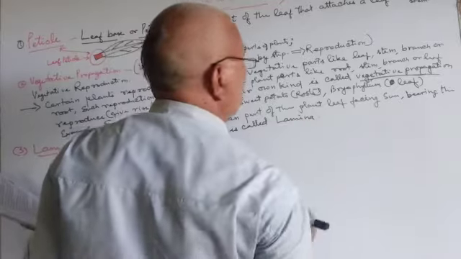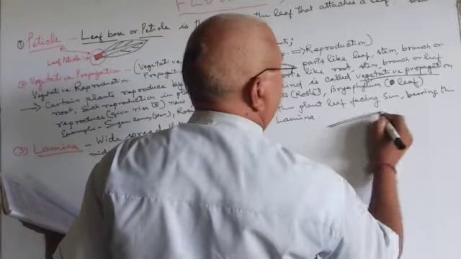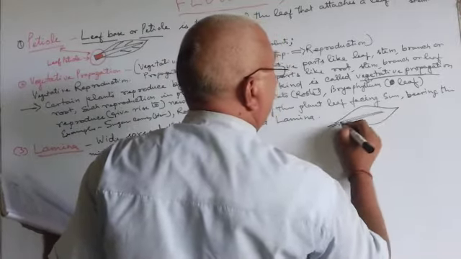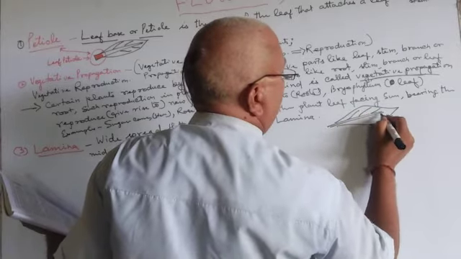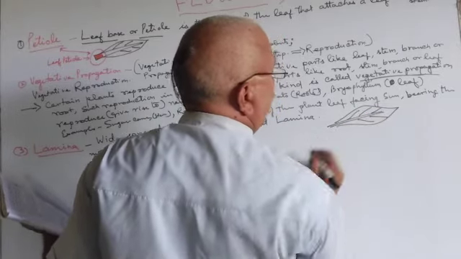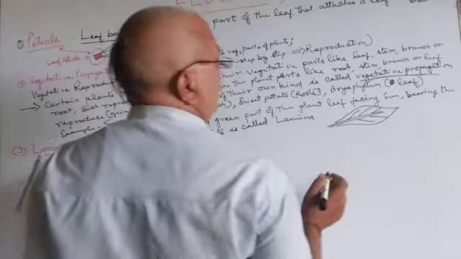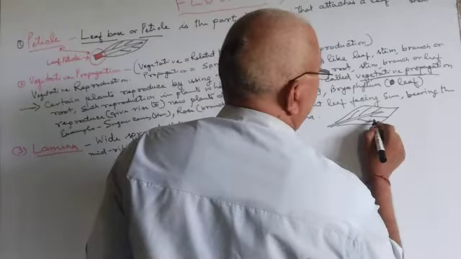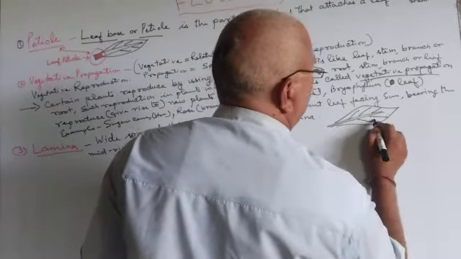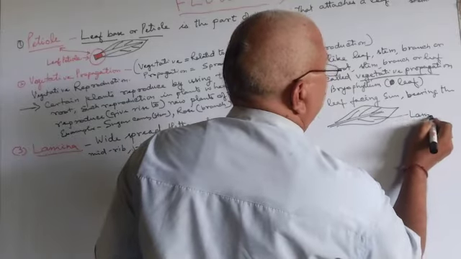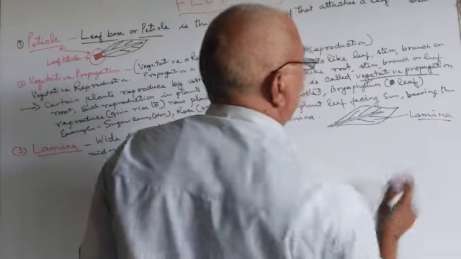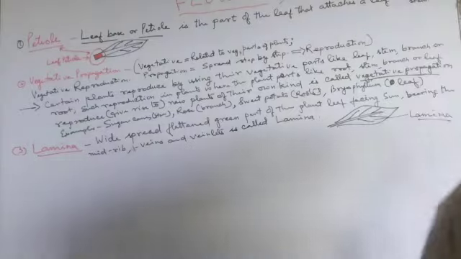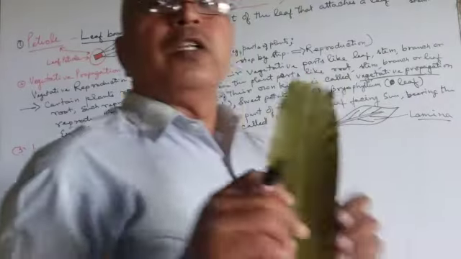Here also you need to draw the figure. You draw the figure like this. Right? And lamina, which one is lamina? This full flat portion. This is lamina. Right? You see this.